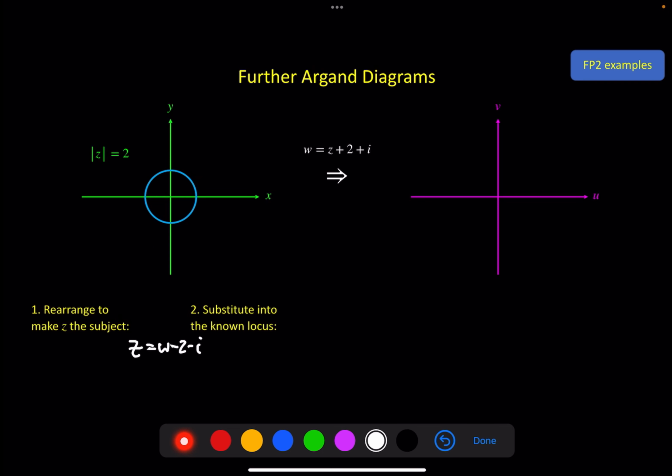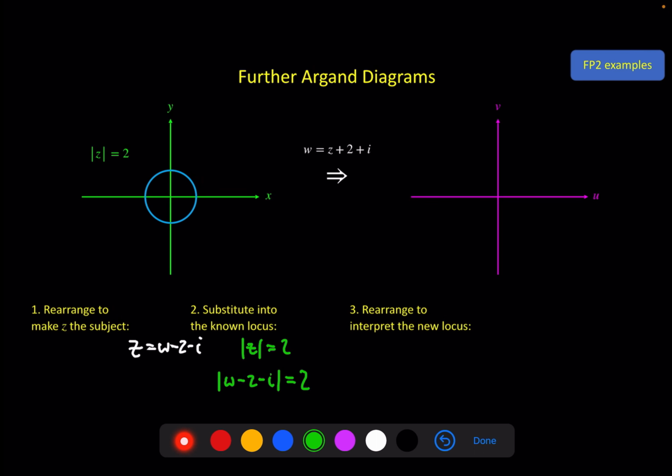Substitute that into the known locus. This becomes this, rearrange to interpret the new locus. Well, we don't need to rearrange much here.